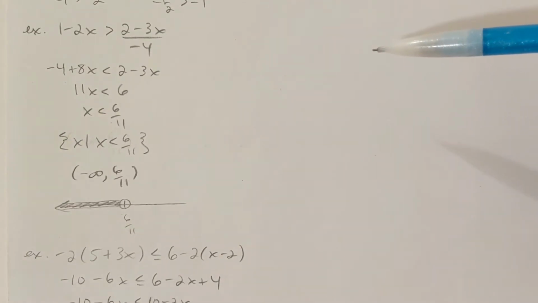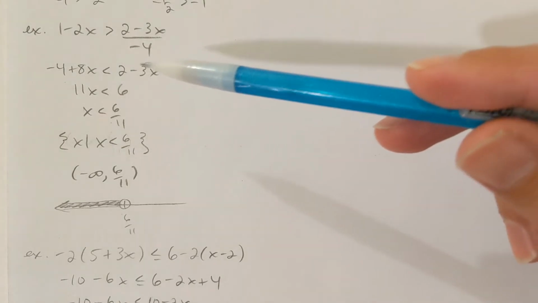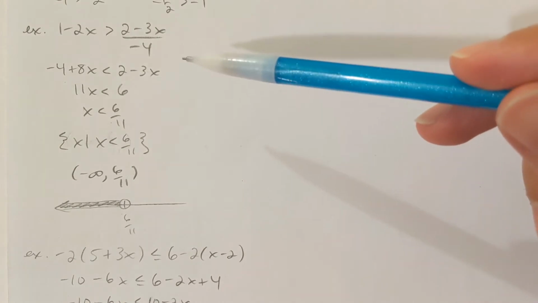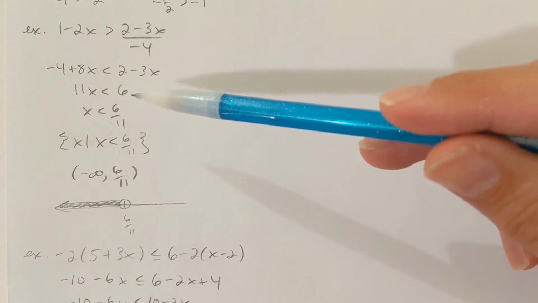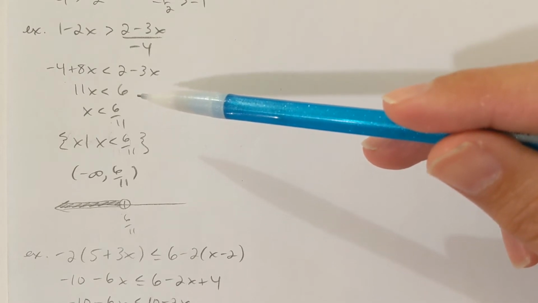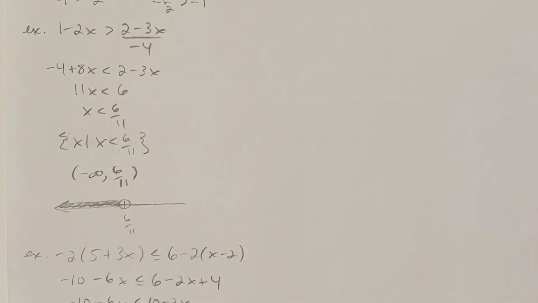For example, suppose that we want to solve the inequality given by 1 minus 2x greater than 2 minus 3x divided by -4. Well, the first thing I'm going to do is multiply both sides by -4. And since I'm multiplying by a negative, I've got to flip the sign. When I add 3x and then add 6, 11x is less than 6. So x is less than 6 over 11.